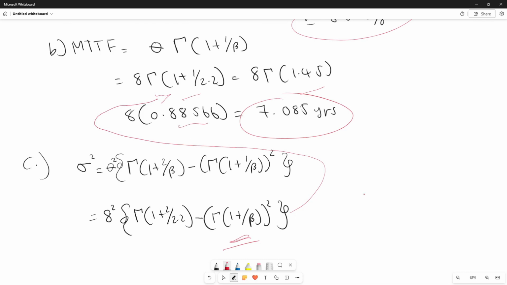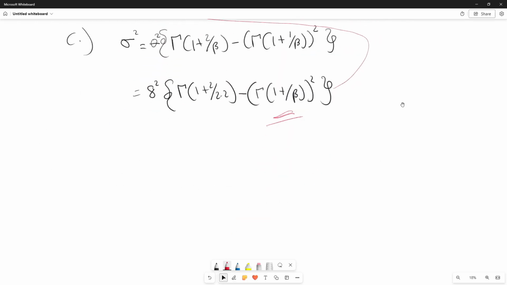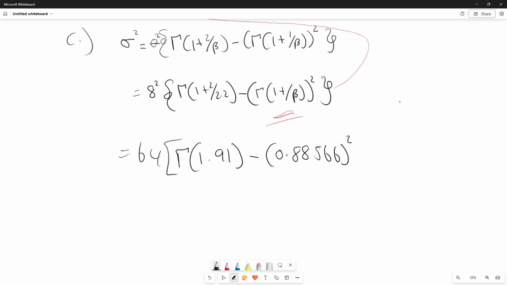So we have 64 times gamma function of 1.91 minus 0.88566, and don't forget this is squared.